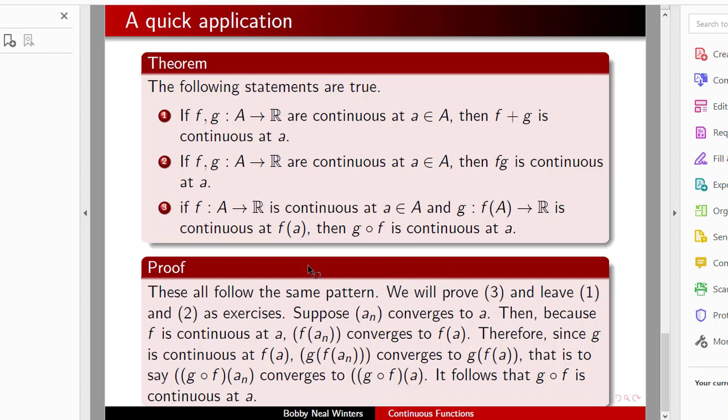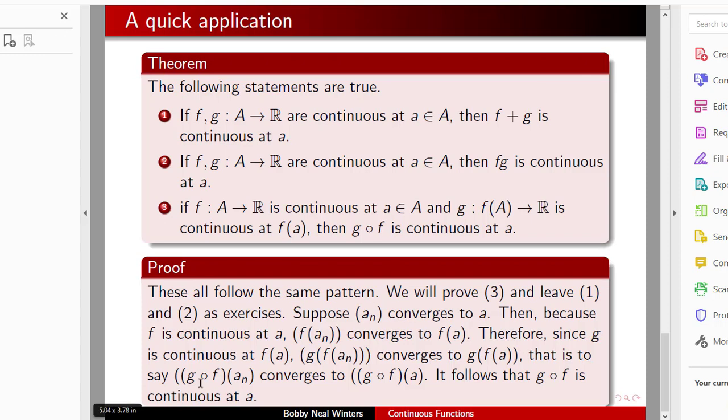Suppose that a sub n converges to a, then because f is continuous at a, f of a sub n converges to f of a. Therefore, since g is continuous at f of a, g of f of a sub n converges to g of f of a.